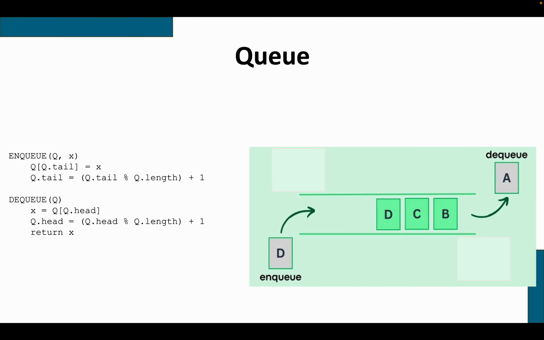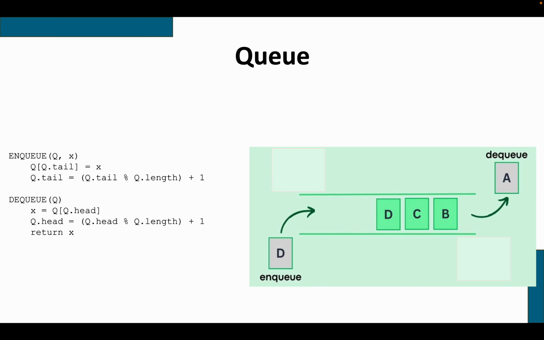How does it happen? As you can see here in the code, first of all, we have for the queue one tail and one head. We say to the code that let the tail of the queue be the element that I want to add, x. And then we add a number to the tail of the queue. So we consider x at the end, at the tail of the queue.